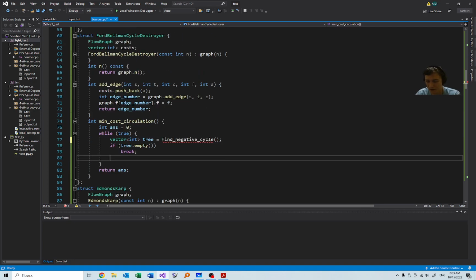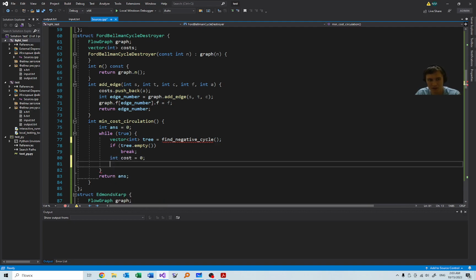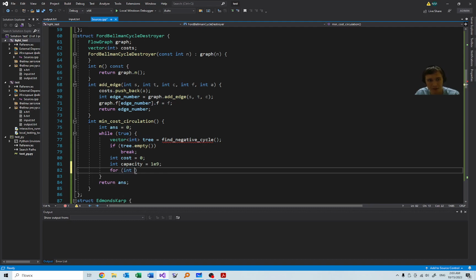So here, int cost equals 0, int capacity equals 1e9, and now we go through edge numbers over the tree.